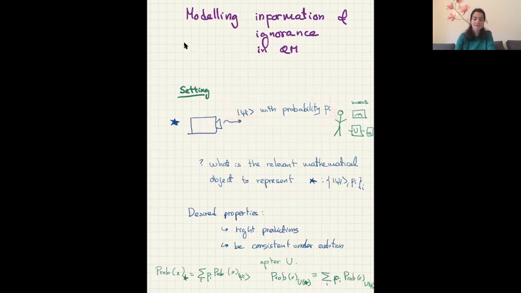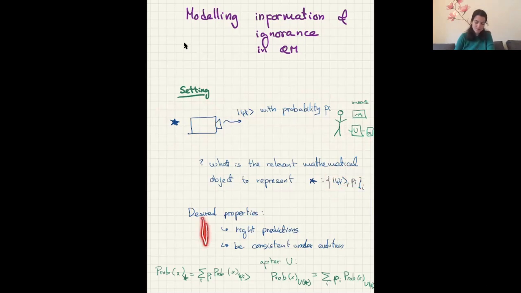Later on, we might want to measure this state directly, or evolve it with some unitary and some Hamiltonian, and then measure it. The question is, what is the relevant mathematical object that represents this whole situation, which we represent by all the states and the probabilities.